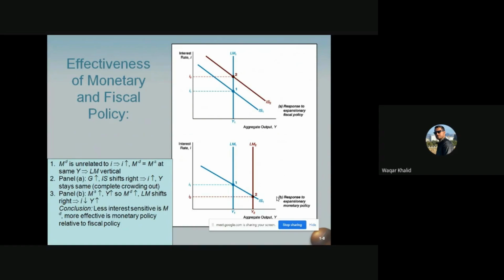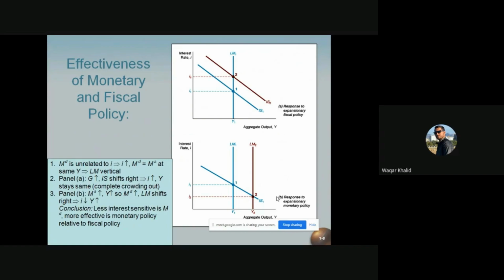So the monetary policy affects output, but fiscal policy doesn't. If the money demand is interest inelastic, the monetary policy affects the aggregate output, but the fiscal policy doesn't.